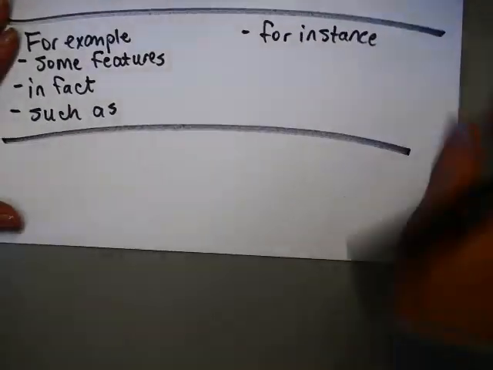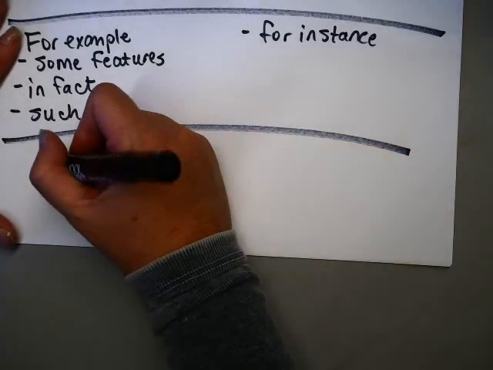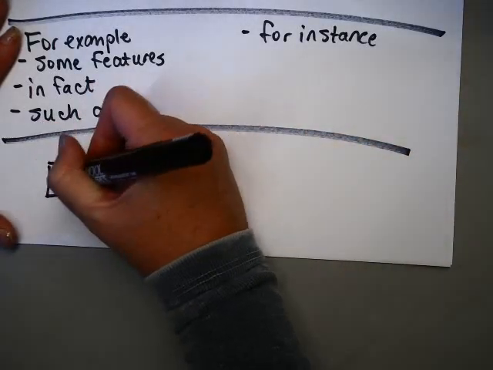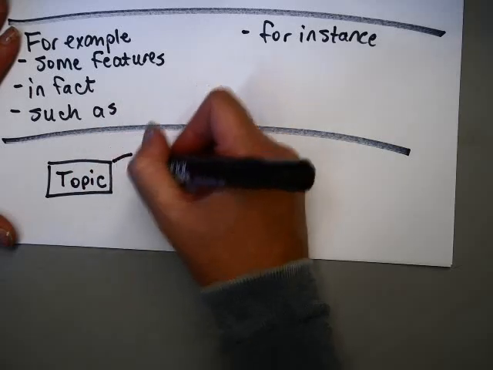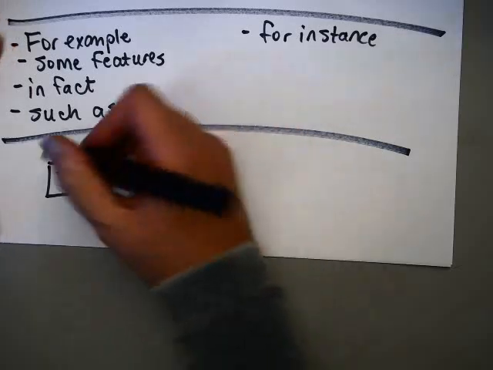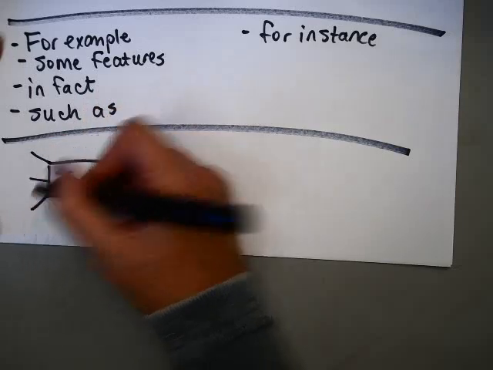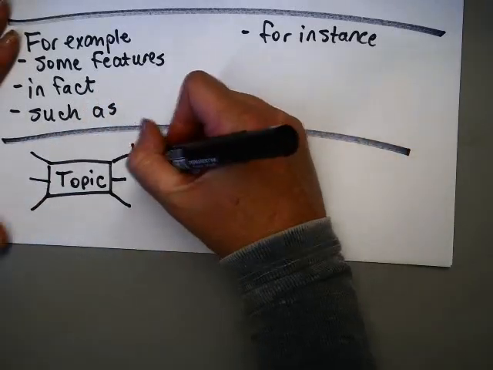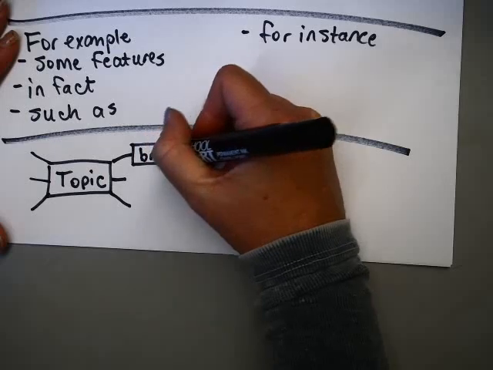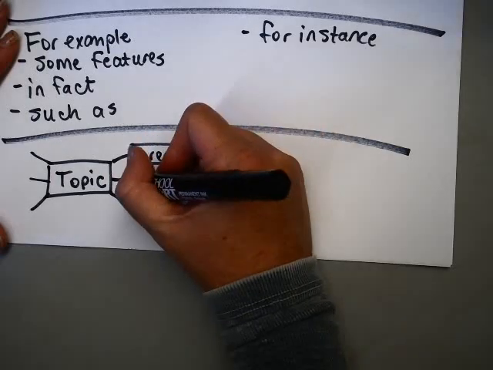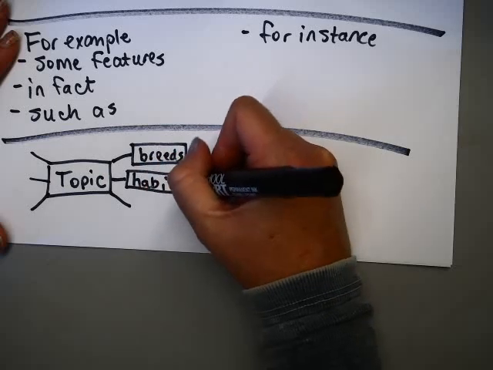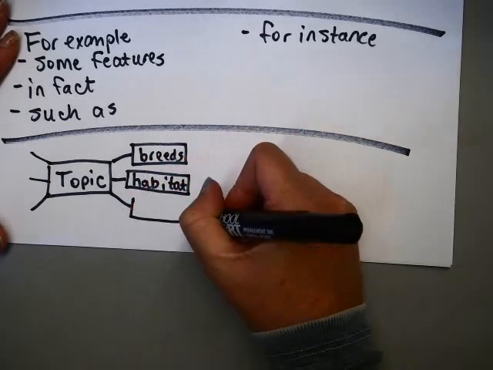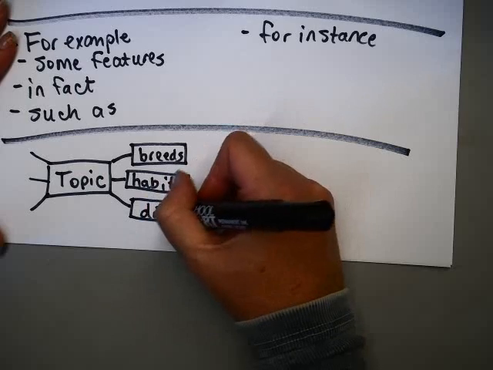Alright, so this one could be that it is about that one particular topic. So here we have topic, and then it branches off like this in different directions. So it could be about breeds, habitat, diet.